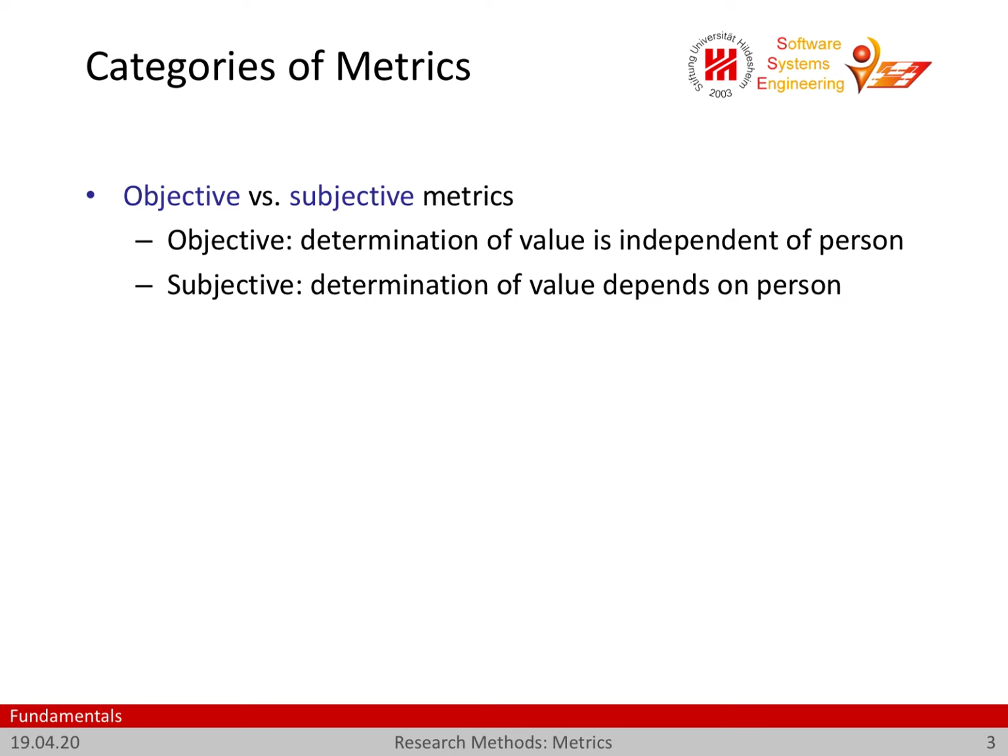And it may make sense because it may be influenced by how used you are to the specific system, how used you are to the programming language, how experienced you are in software development as a whole, and so on. So it may make sense that you arrive at two different values because the values in this case not only say something about the object, meaning the code and its complexity, but also about the observer.